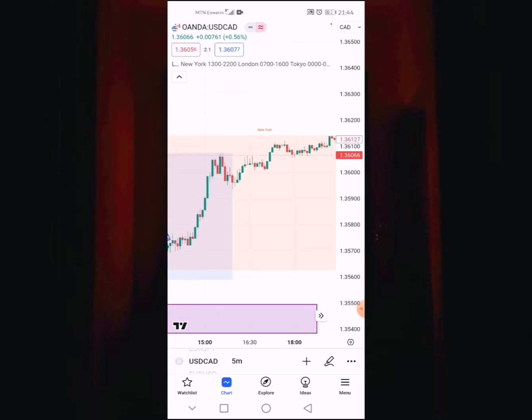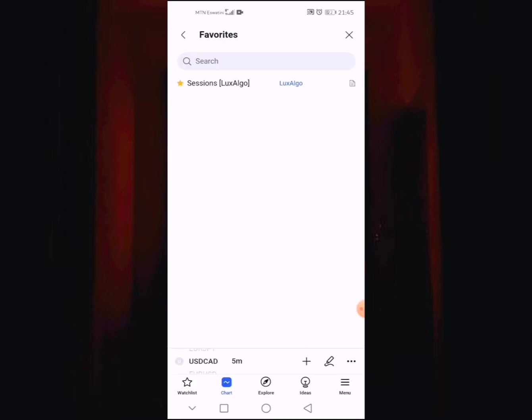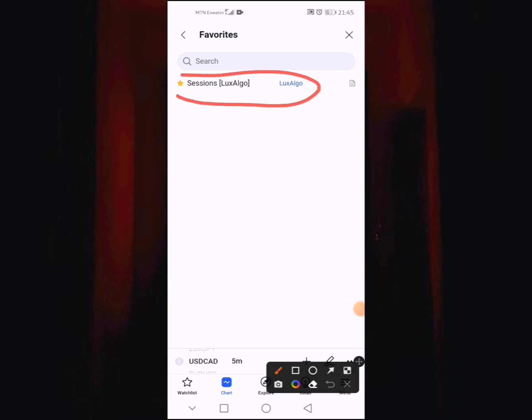Make yourself familiar with it, and then once you are here, you have to go to that plus sign down there. Then you go to indicators, and on indicators, this is the indicator that I am using. It is a free indicator on TradingView.